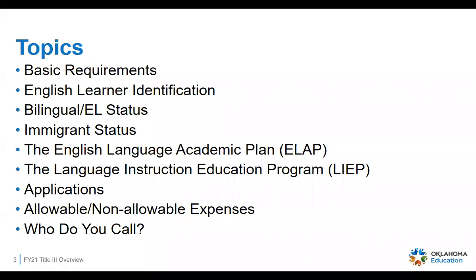And then we'll have a brief look at the ELAP, or the English Language Academic Plan, as well as the LIEP, or the Language Instruction Education Program that's embedded in your consolidated application. And then we'll go over a few points that you need to be aware of in the application before going over a general discussion of allowable and non-allowable expenses under Title III.